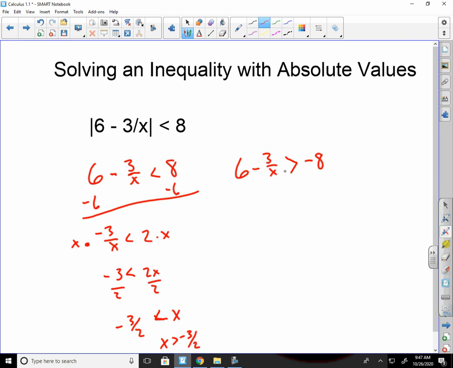Let's do this side now. Subtract the 6 over. It gives me negative 3 over x is greater than negative 14. Multiply both sides by x. Gives me negative 3 is greater than negative 14x. Divide by negative 14. Now I'm dividing by a negative.